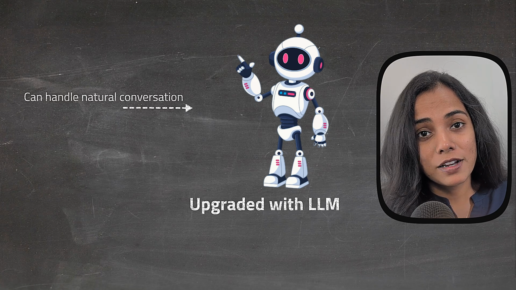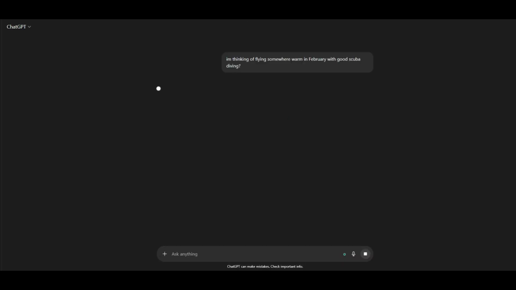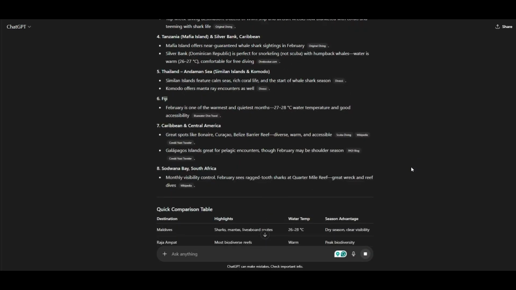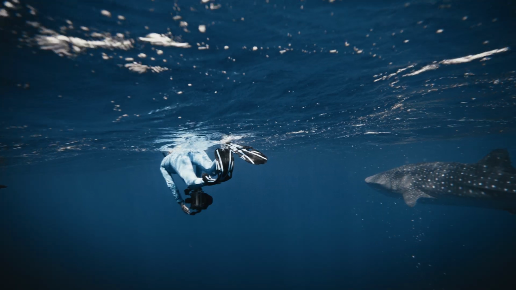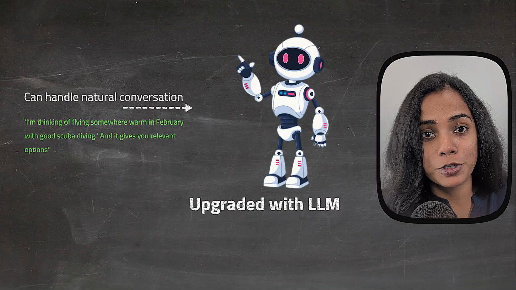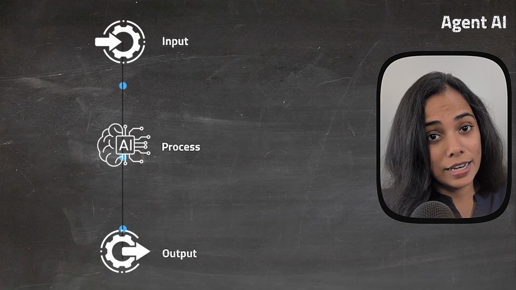You could type in something like, "I want to go to a place that's warmer in the month of February and I want to go scuba diving." So you give it something vague like that. A large language model will be able to figure out what are all the places that satisfy the constraints you have, and it will give you travel options to go to these places. So that is an agent which is upgraded using a large language model. So it's able to take better decisions because now it has the power to understand language.